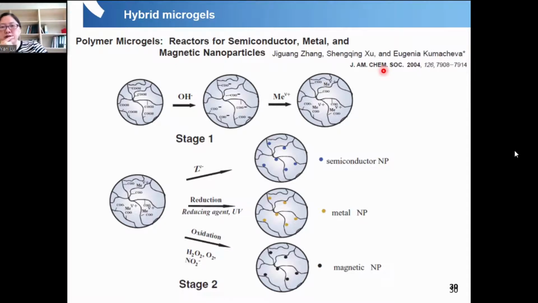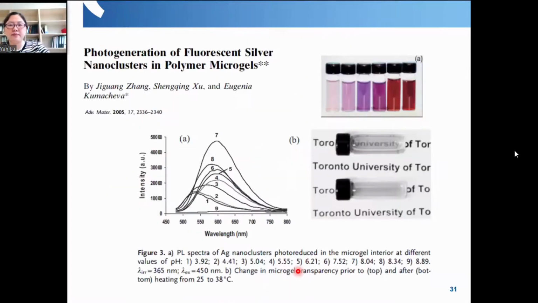They use the microgel particles, modified with acrylic acid, and then you have pH sensitive microgels. They use this as a template for the deposition of different nanoparticles like semiconductor particles or metal nanoparticles or even magnetic particles. And they show really the first use of this as a carrier system.